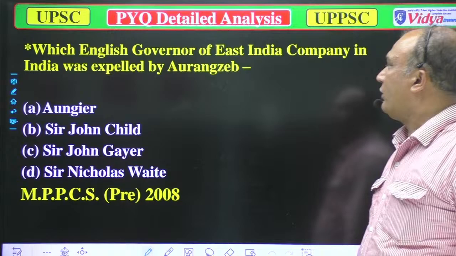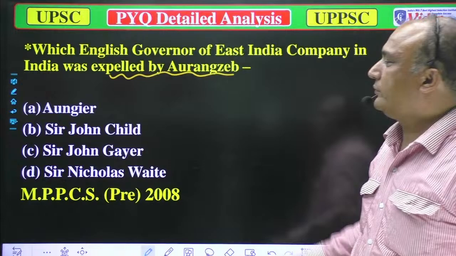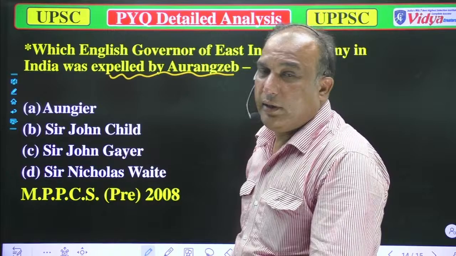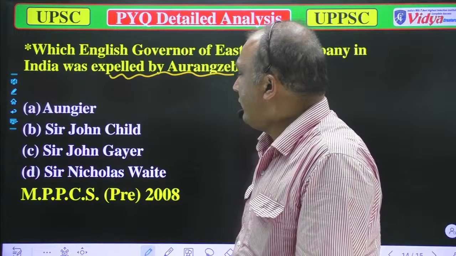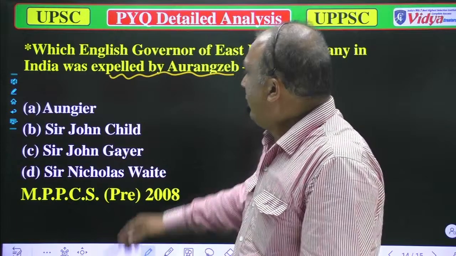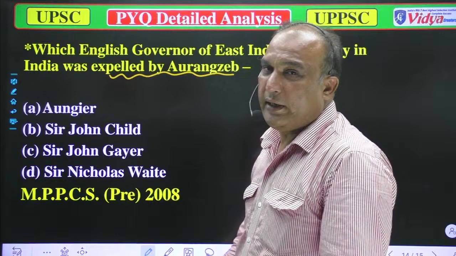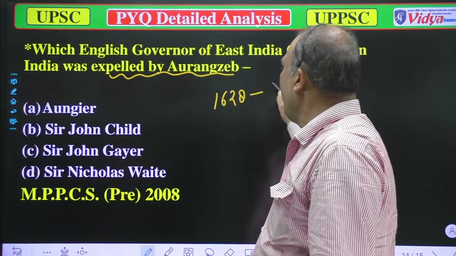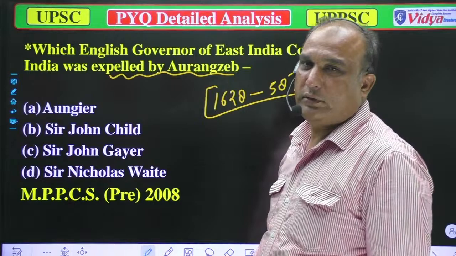Which English governor of the East India Company in India was expelled by Aurangzeb? There are four names: Sir John Child, Sir John Gayer, Sir Nicholas Waite. As you know, Aurangzeb ruled Delhi and later India from 1628 to 58. Is it right?